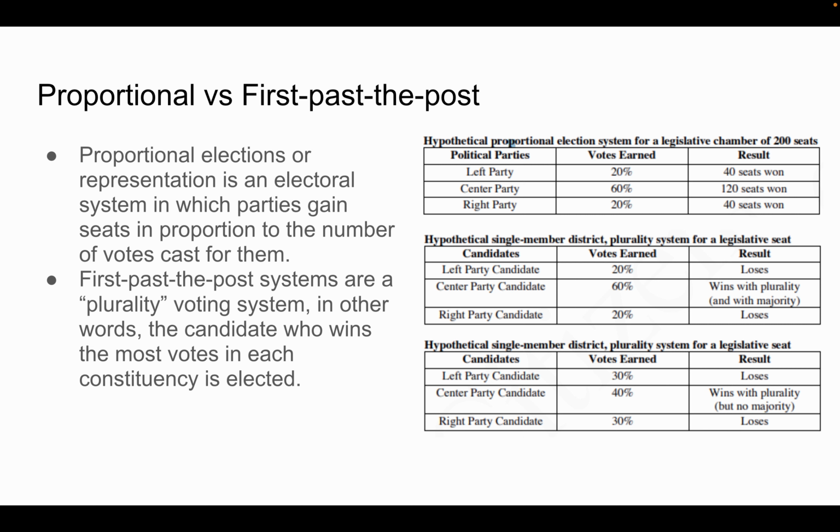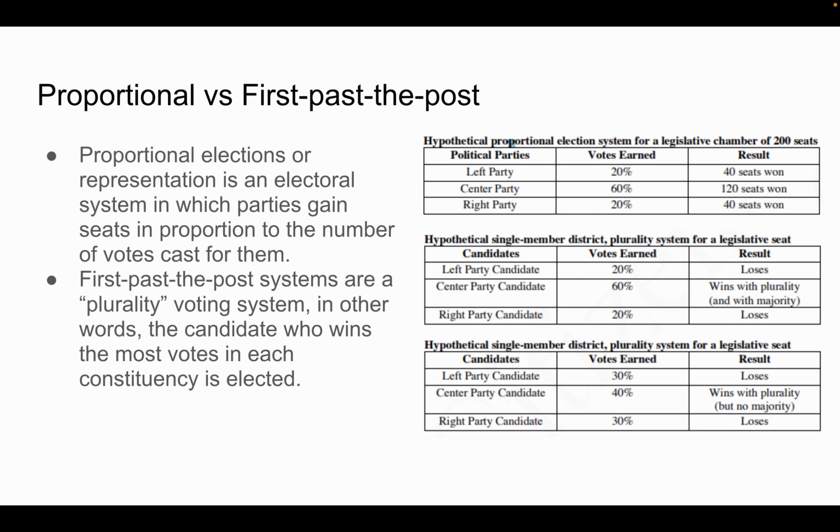Single-member district plurality systems tend to promote two-party systems. They provide voters with strong constituency service and accountability because there's a single representative per district, and they ensure geographic representation.